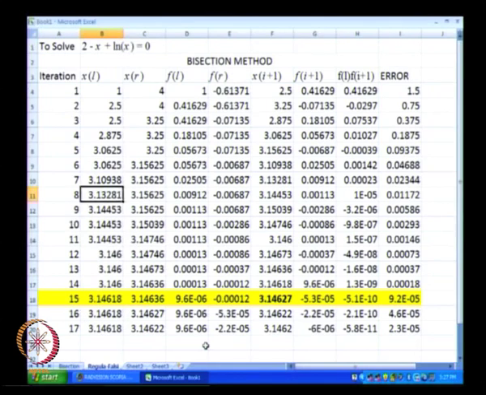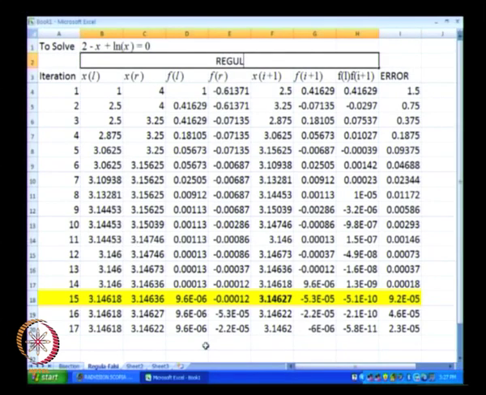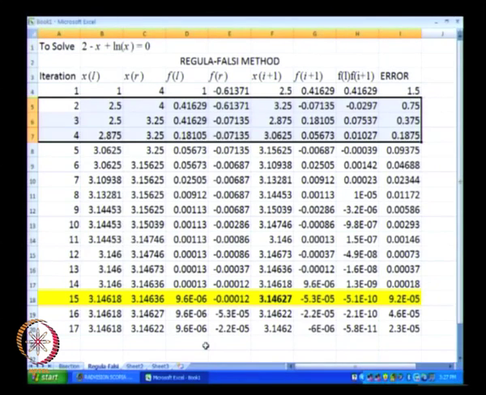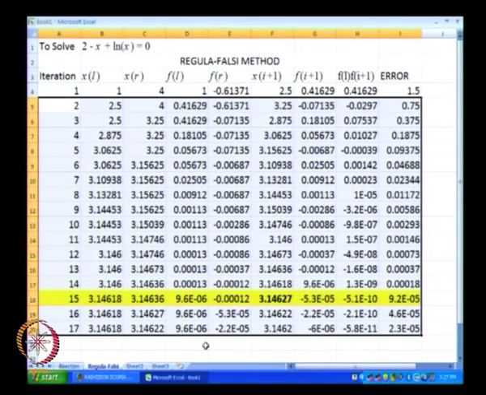And in regula falsi, again we are interested in solving the problem 2 minus x plus ln of x equal to 0, this time using the regula falsi method. So what I will do is delete all these values.